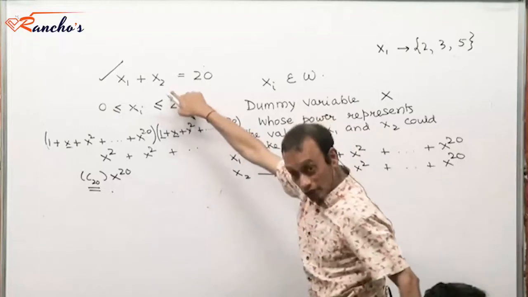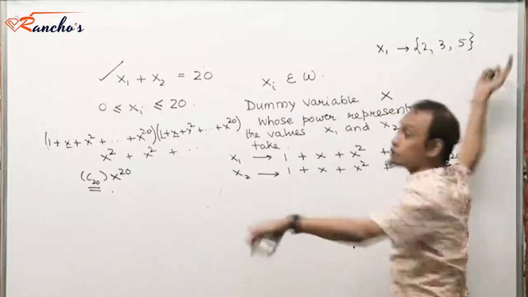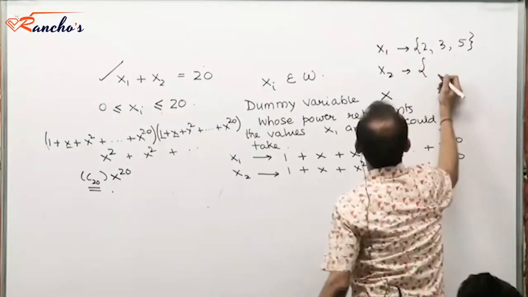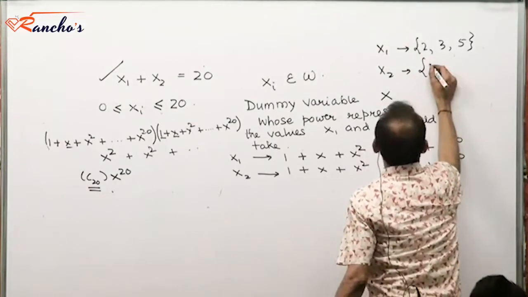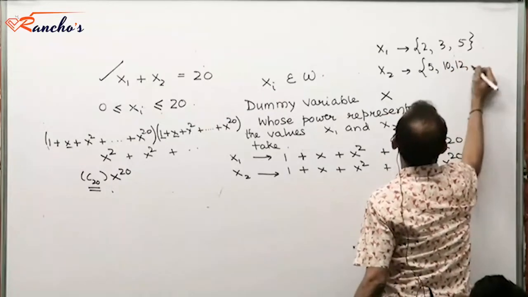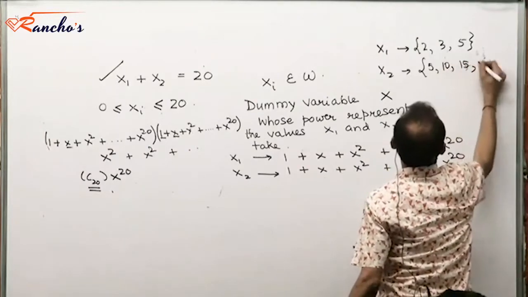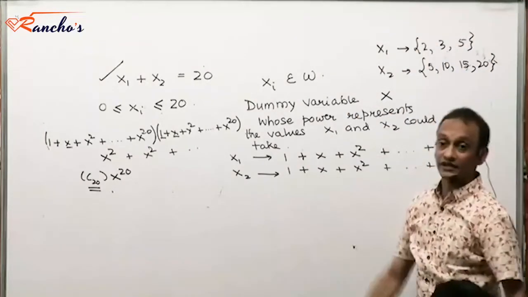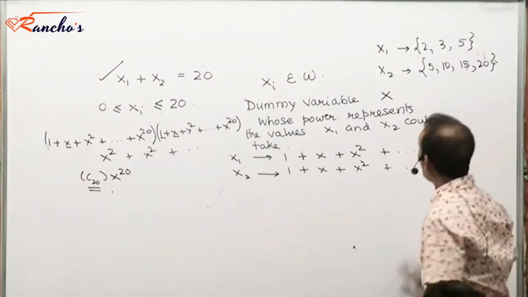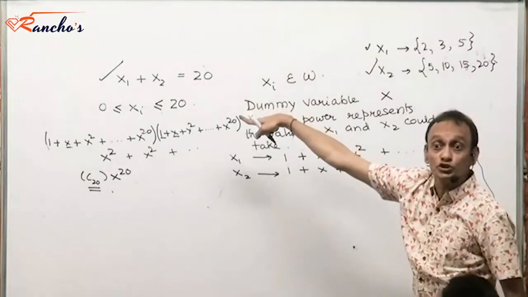I want to find the number of whole number solutions to this equation, but again with another condition. x1 will take values like 2, 3, 5 and x2 will take values, let me make it simple, 5, 10, 15, 20. These are the values that x2 could assume, right? And now with this additional constraint, I want to find the number of whole number solutions to this equation.